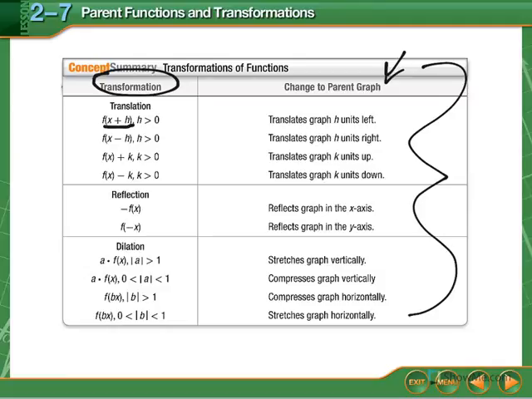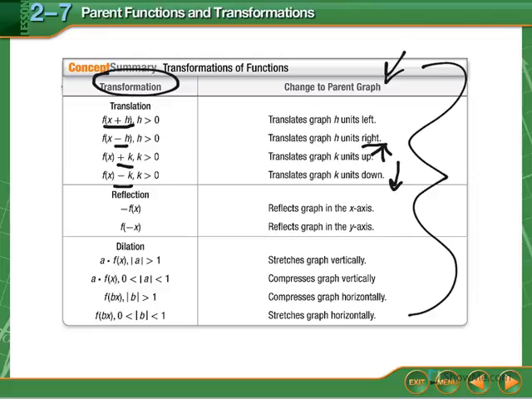If you add units inside, it translates your graph to the left. If you subtract them, it translates your graph to the right. Now, if your number is on the outside of the parentheses, it treats it just like you would think. If you're adding a number, it translates it up. If you subtract a number, it translates it down.